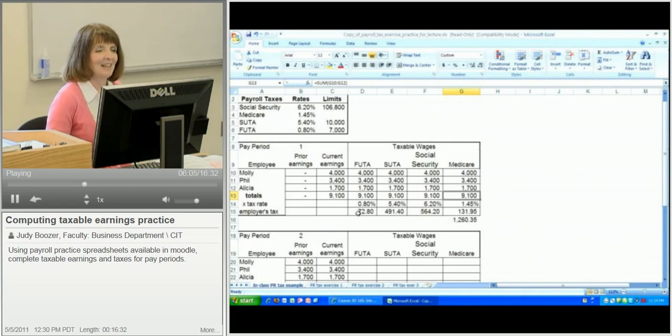Correct. 9,100 times 0.008, which is the same as 0.8%. 9,100 times 0.054, 9,100 times 0.062, and 9,100 times 0.0145. Okay? Let's pause.